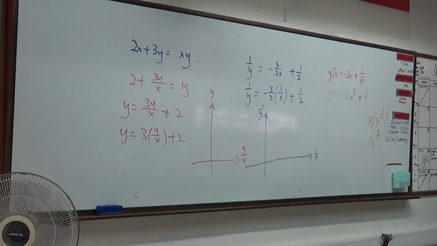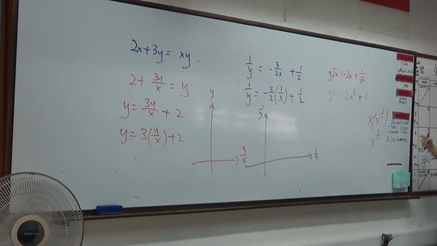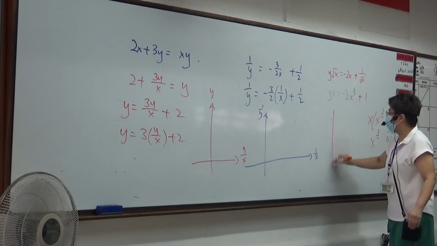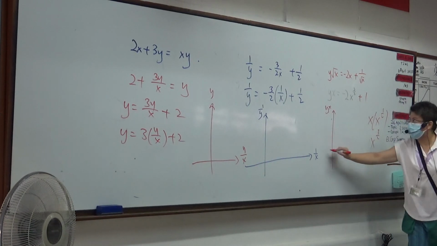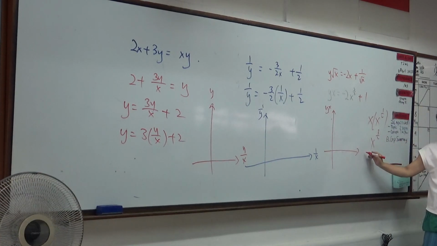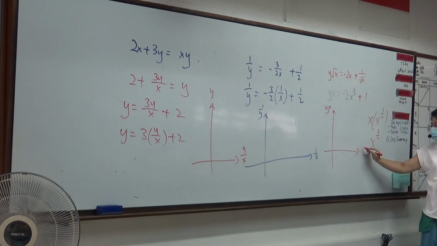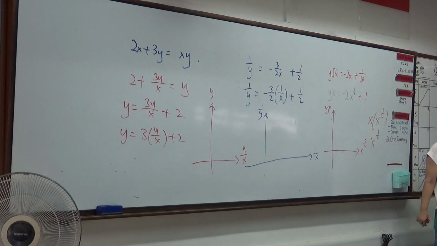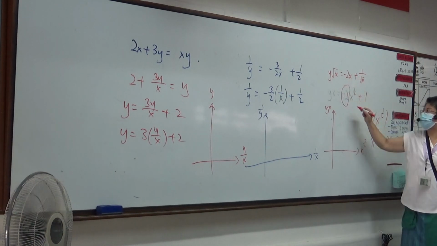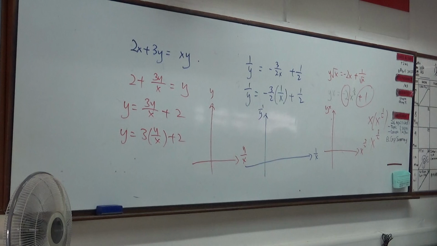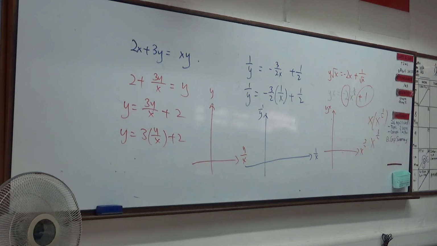Correct? Yes or no? So, can you tell me what do I plot? I'll plot y root x against what? x to the 3 over 2, right? What's my gradient? Negative 2. What's my y-intercept? 1. Are you all clear?